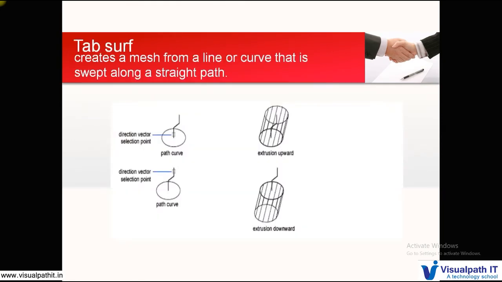Tabsurf creates a mesh from a line and a curve. It requires a line, that's a direction, and any object that represents the curve. So it will sweep along that straight path. It cannot be crossed, but it has to be straight. That's called tabsurf.